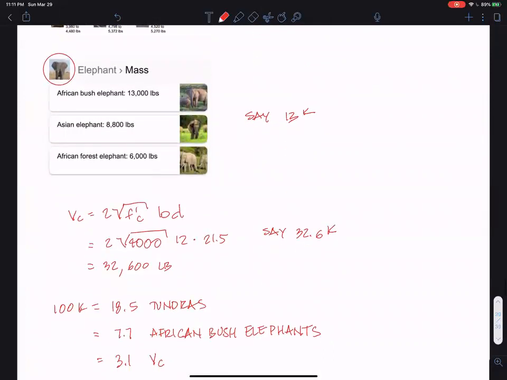Elephants weigh anywhere from 6,000 to 13,000 pounds. The one I saw in Kenya when I was there looked just like this one right here. Except the one I saw was crazy.